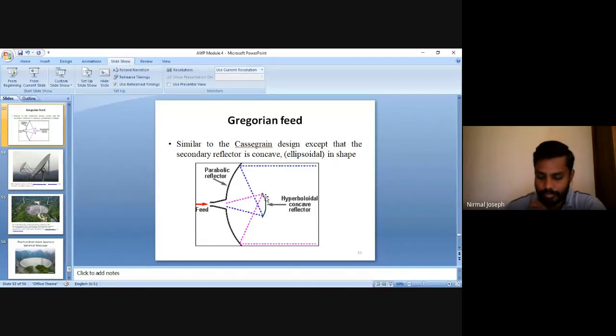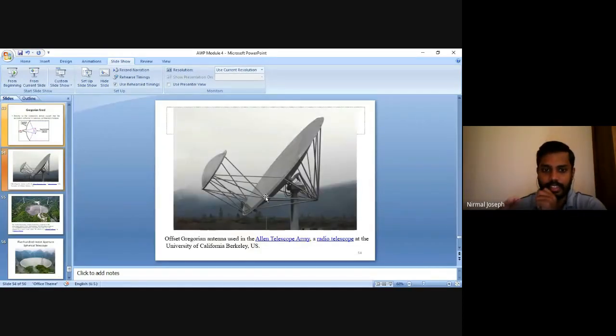So this is a Gregorian fed antenna. Why is it a Gregorian fed antenna? Because this is concave. Looking from inside, it is hollow, it is concave. So with that we are calling it a Gregorian antenna.